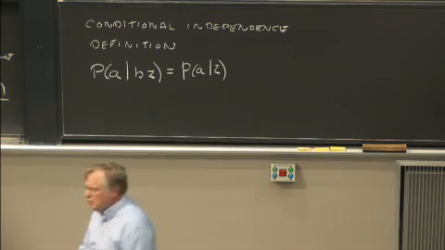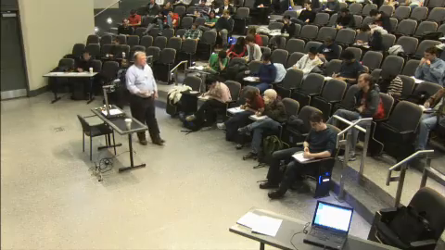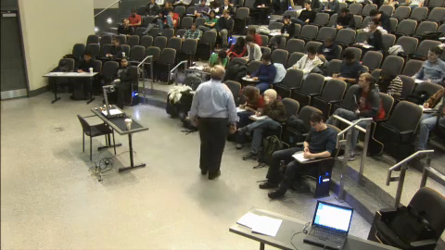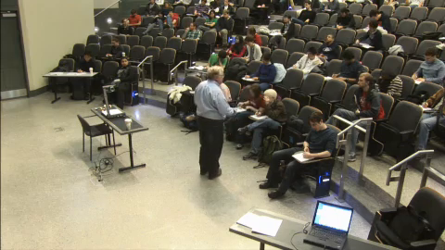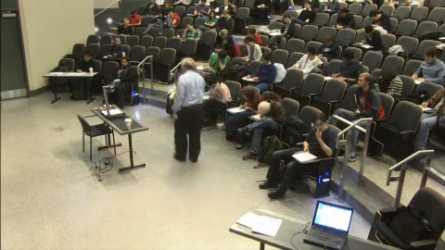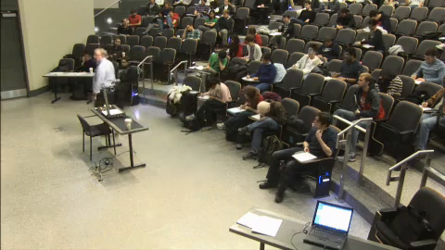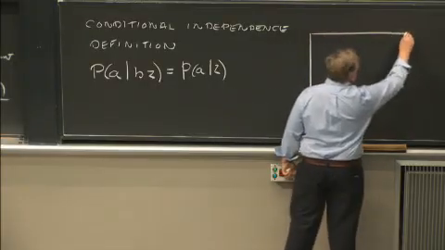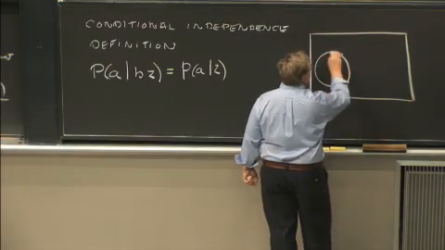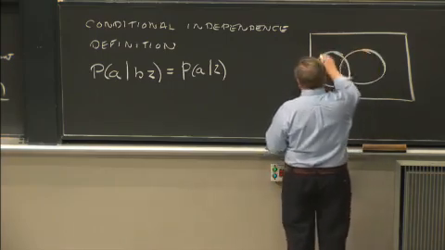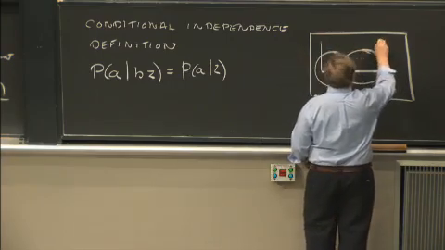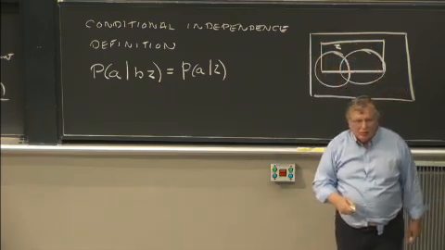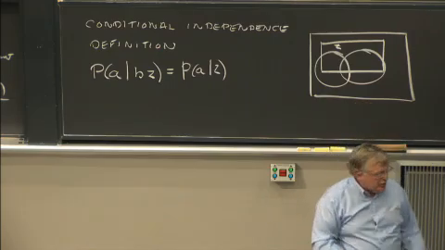That means if you know that we're dealing with Z, then the probability of A doesn't depend on B. B doesn't matter anymore once you're restricted to being in Z. So you can look at it this way. Here's A, and here's B, and here is Z. So what we're saying is that we're restricting the world to being in this part of the universe where Z is.